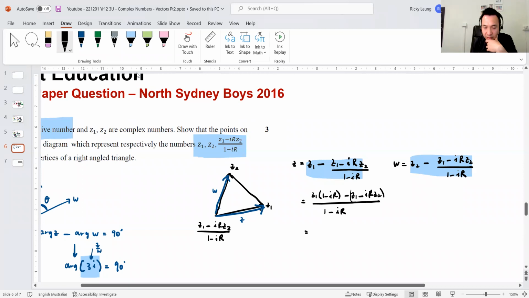And then there's IR Z1. All right, looks pretty clean. IR Z1 plus IR Z2, so it's like IR Z1 minus Z2. No, plus. Over. Is that right? I feel like I got the negatives wrong.